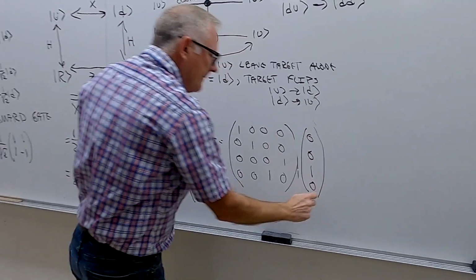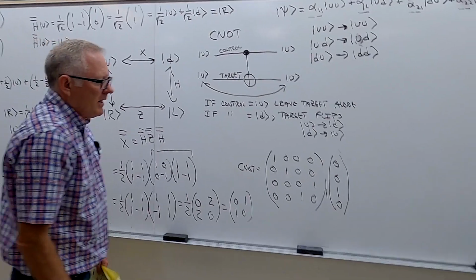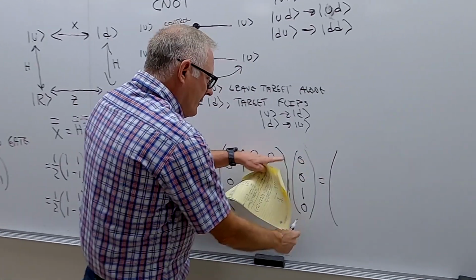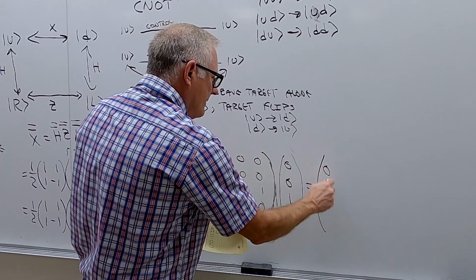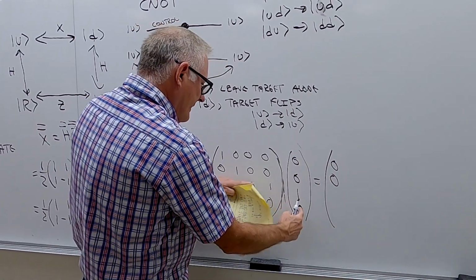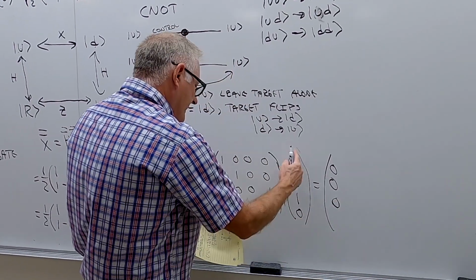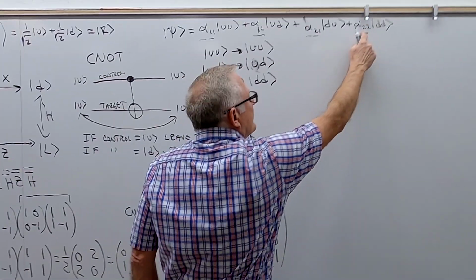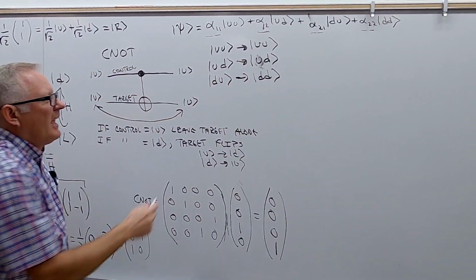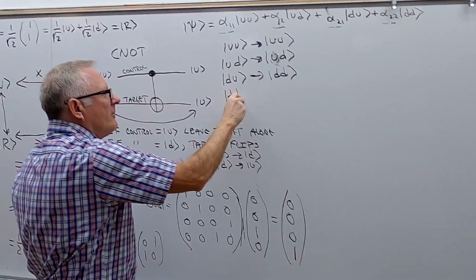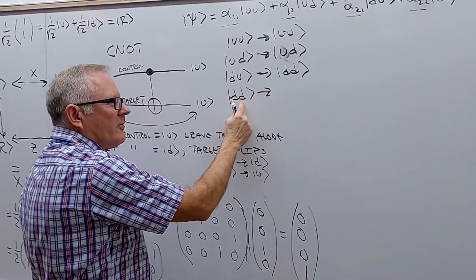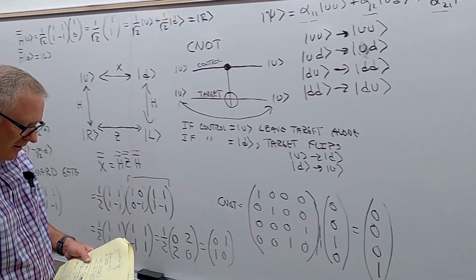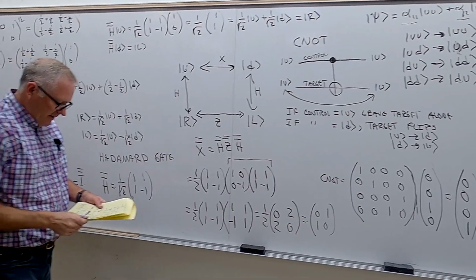If we multiply this thing through, you get zeros. Even on this one, you get 0. And then you get 1. And that state is just down, down. And the last one here, which was down, down, all it would do is flip the last one right here, make that down, up. Okay, so that would be what we call the truth table for that right here.